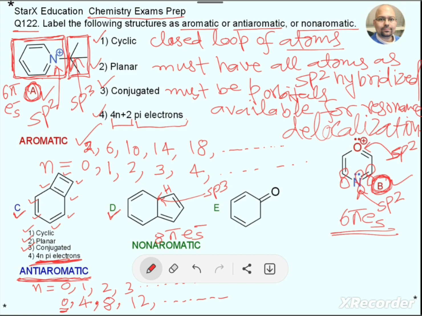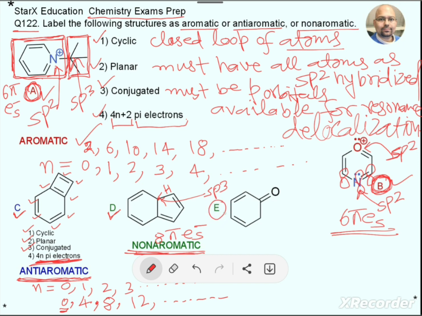And once you have an sp3 hybridized carbon atom, its geometry is tetrahedral, so that makes the molecule not flat, and therefore this is a non-aromatic compound, because the compound is cyclic but it's not planar. And once it is not planar, the conjugation is stopped there, so the pi electrons cannot move in a cycle, the resonance is not complete, therefore it's a non-aromatic compound.